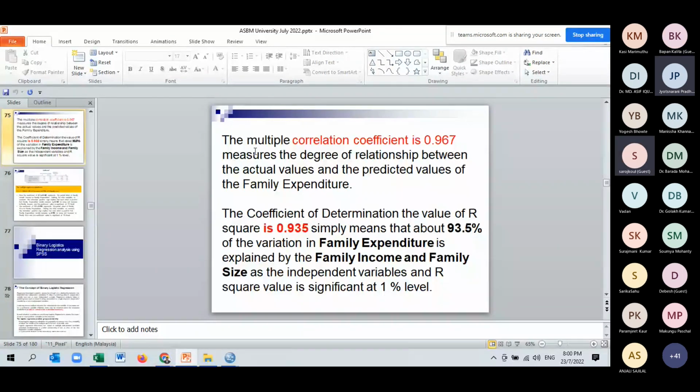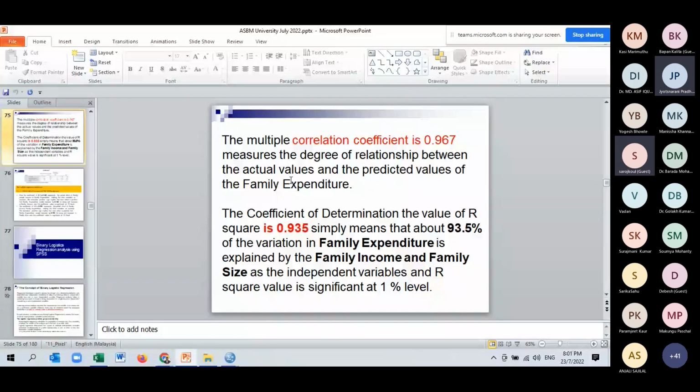In the results section, we write: multiple regression analysis was conducted to study the significant relationship between family size and annual income on the expenditure. The results reveal that the multiple correlation coefficient is equal to this. It measures the degree of relationship between the actual values and the predicted values of family expenditure.